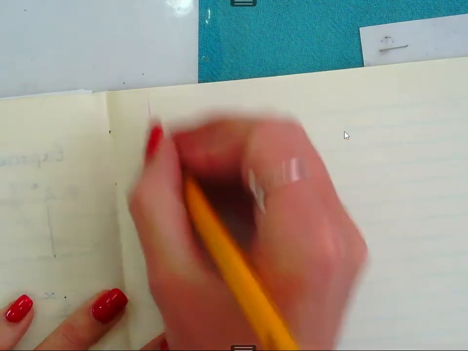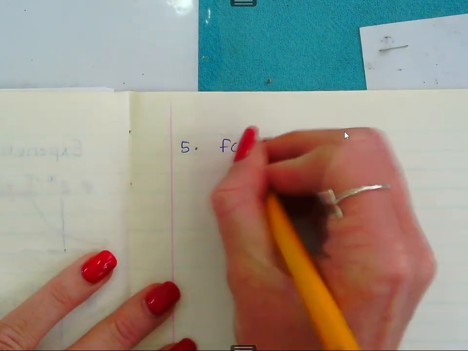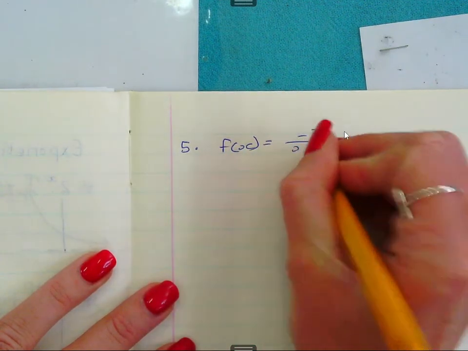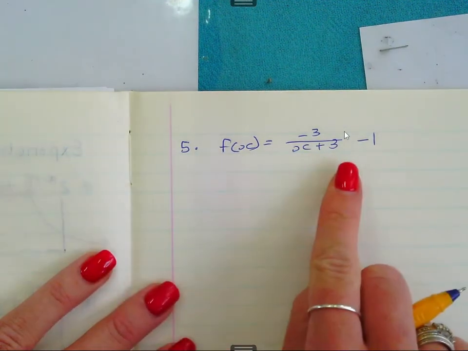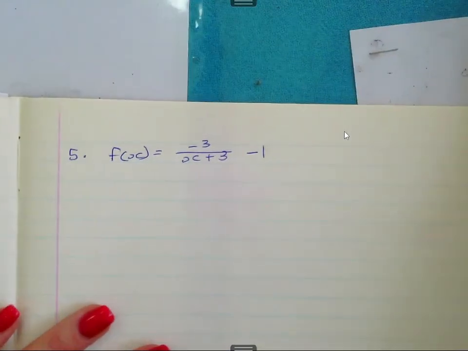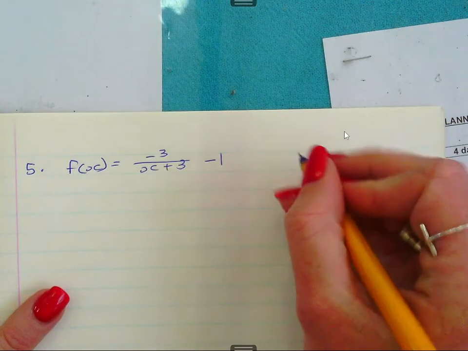Okay. So question 5, it is given that f of x is equal to negative 3 over x plus 3, minus 1. Can you please tell me what function this is? You are already smarter than many grade 11s even at the end of November.